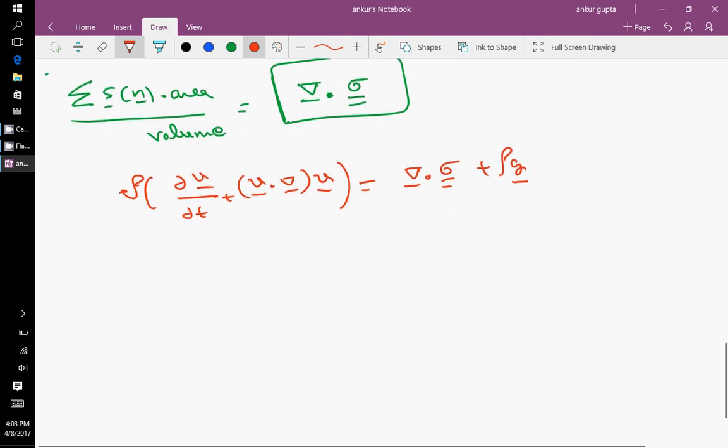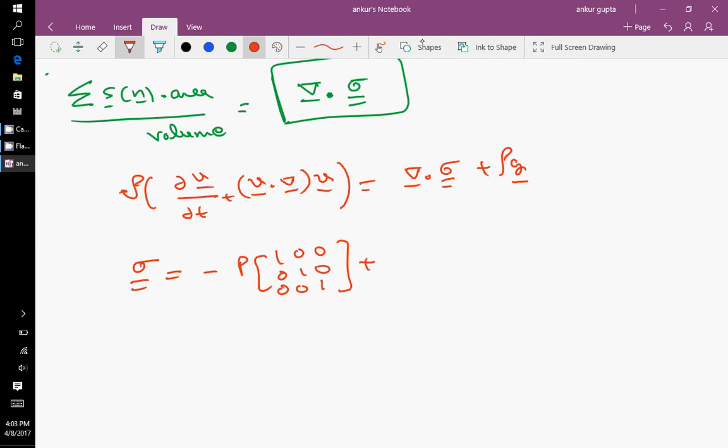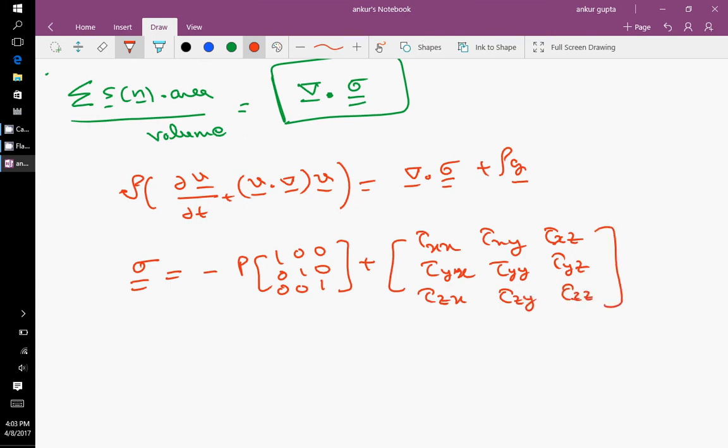So what we do is write this sigma tensor as minus p times the identity matrix plus tau. Basically what we are saying is that from this sigma tensor you can go to pressure and shear stress, 2 different components.